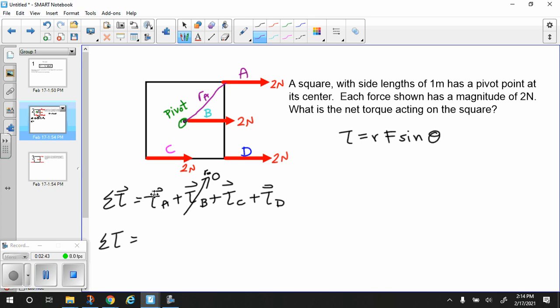So for the radius of A, we're going to do square root of 2 over 2 meters multiplied by 2 newtons. And the angle between the radius vector, which is here, and the force vector is 45 degrees. So we'll do sine of 45 degrees. And this is negative because it would make it rotate clockwise.